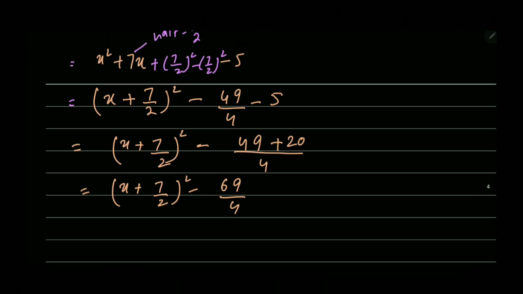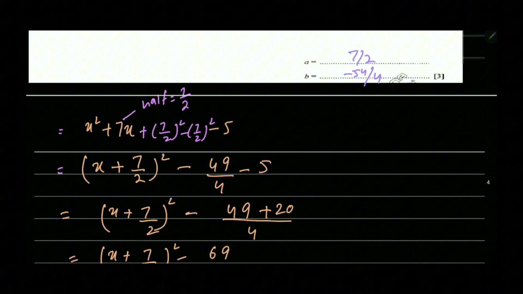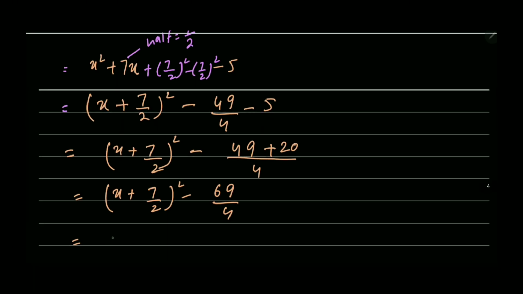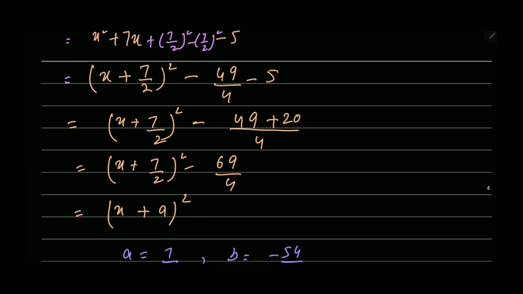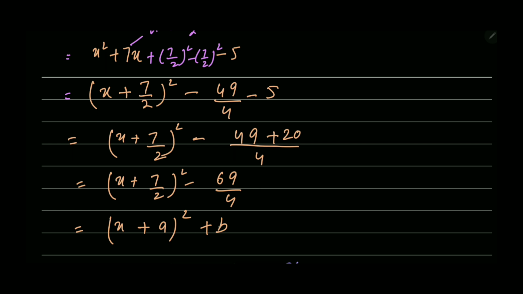If we compare it with the form in the question, x plus a whole square plus b, we can see that the value of a is 7 by 2 and the value of b is minus 69 by 4.